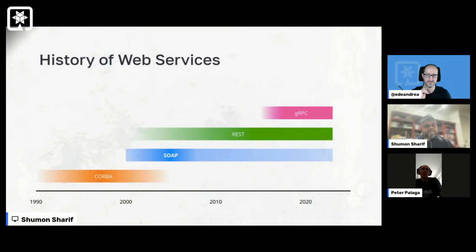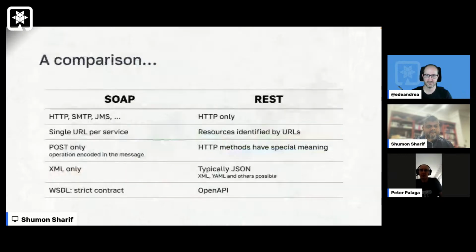REST is clearly dominant, but as you say, many organizations and maybe some industries still have SOAP services in production, and they are not going to die anytime soon, and that's why Quarkus CXF is important. So that was it from me, and now I'm handing over to Shumon, who will introduce Quarkus CXF in more detail.